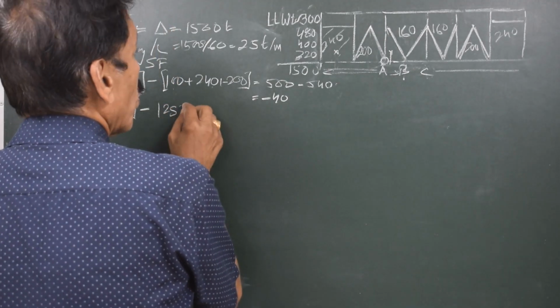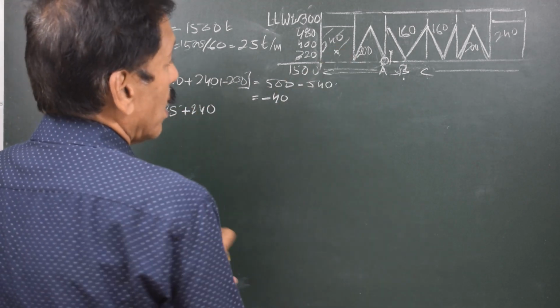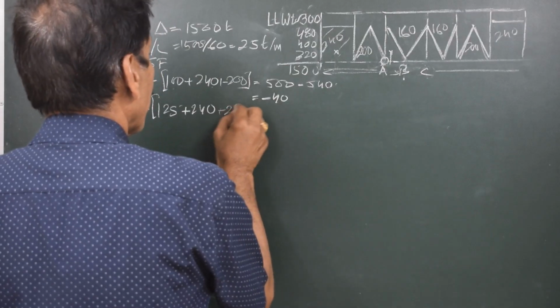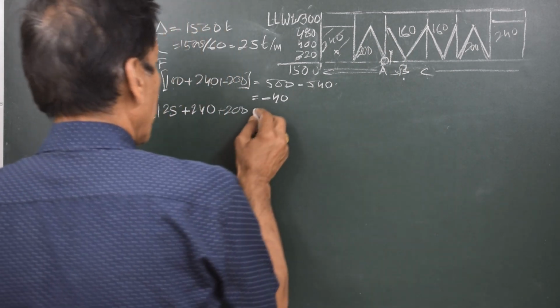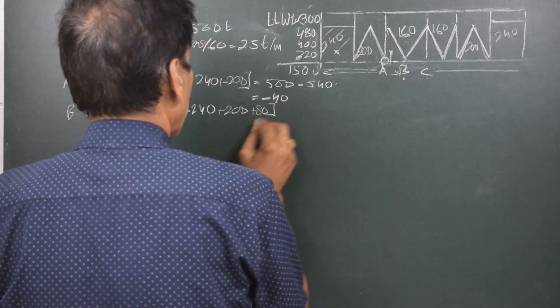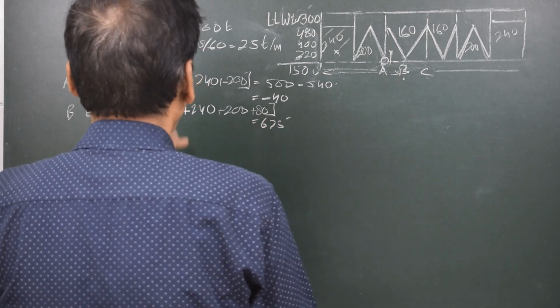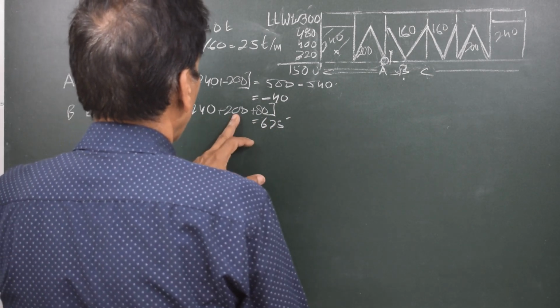And also because of this 240 tons and also 200 tons and also half of this 160, that is 80 tons. So it is 625 positive, and negative force is 125 plus 240 plus 200 plus 80.